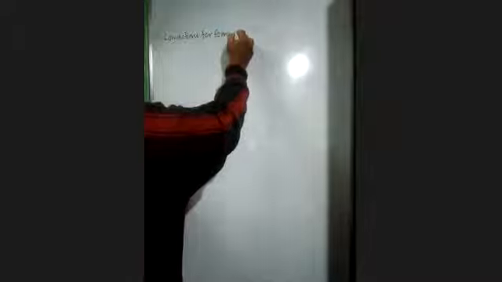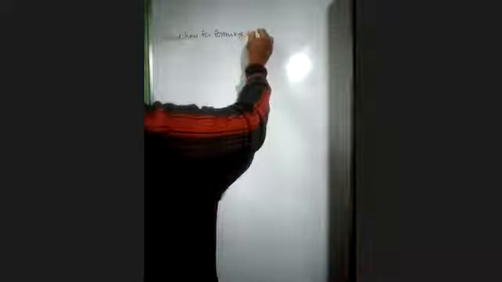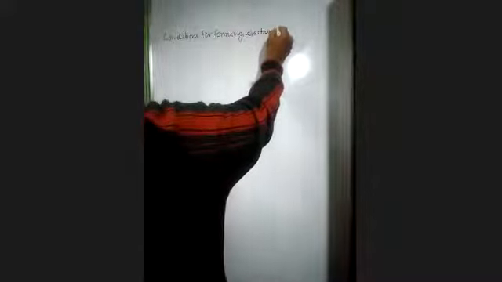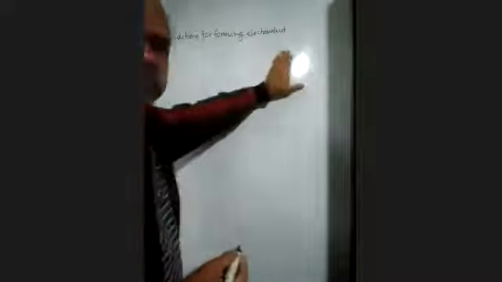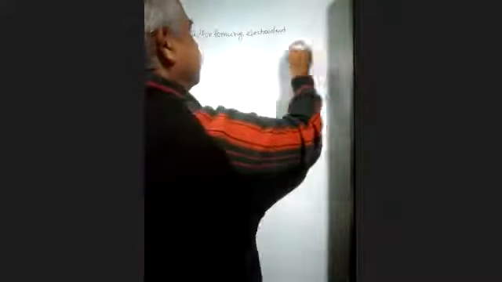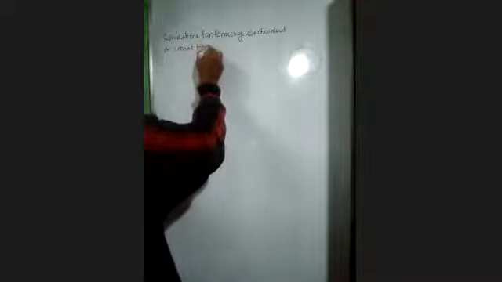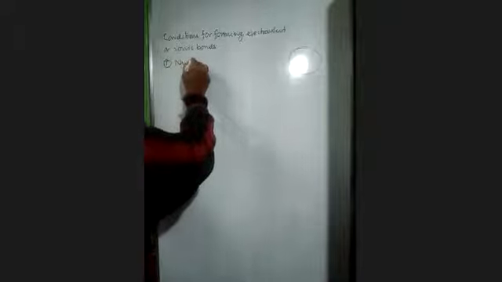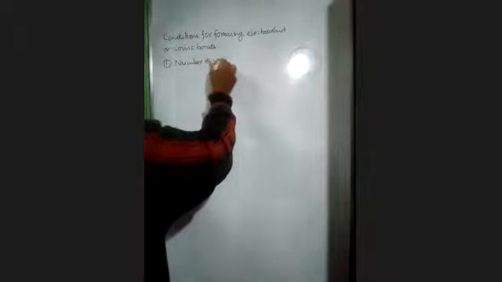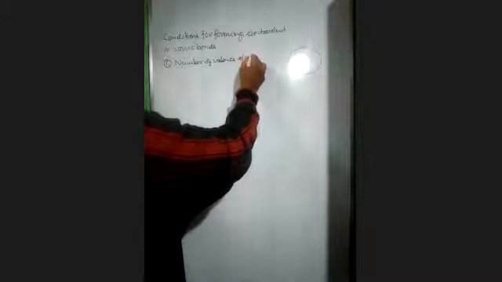Conditions for forming electrovalent or ionic bond. The first: the number of valence electrons, meaning the number of electrons in the outermost shell.